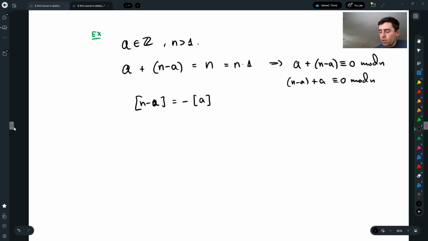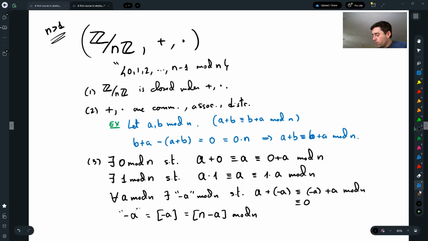Okay, so let me go back to this slide and recap that the integers modulo n, under addition and multiplication, satisfy properties 1 through 3, just like the integers themselves. So that is one new algebraic structure that satisfies 1, 2, 3. And more importantly, it does not even satisfy number 4.